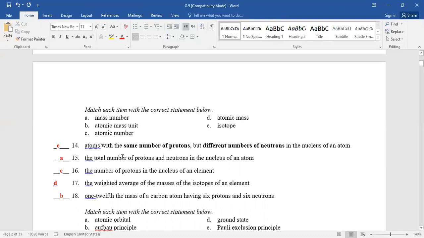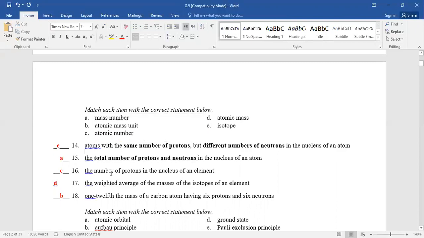The total number of protons and neutrons in the nucleus of an atom. If I'm talking about the total number of protons and neutrons together, the key for our answer will be mass number.